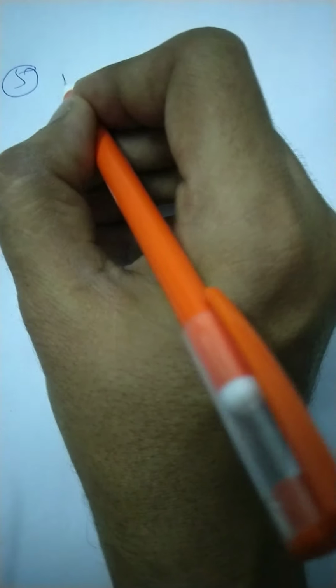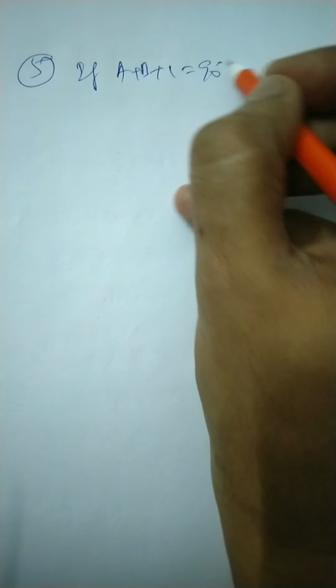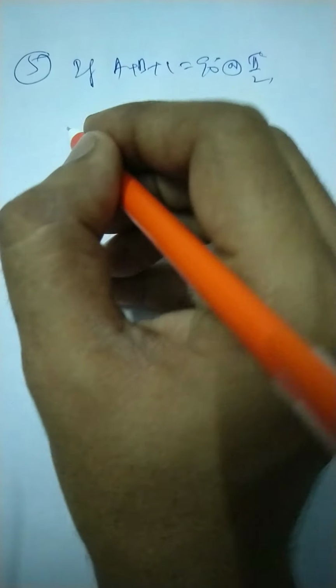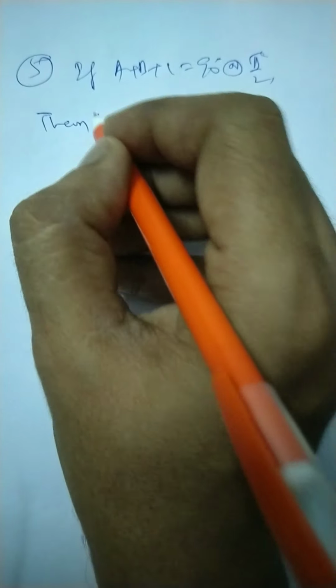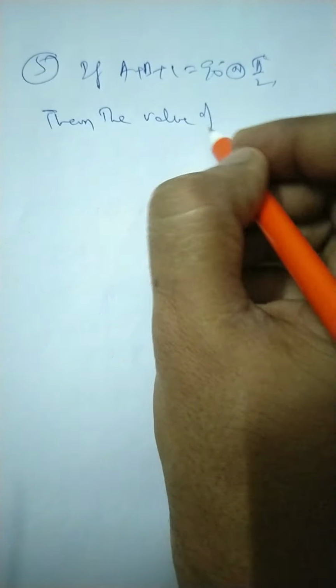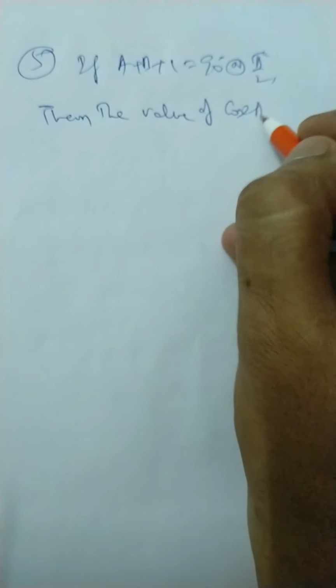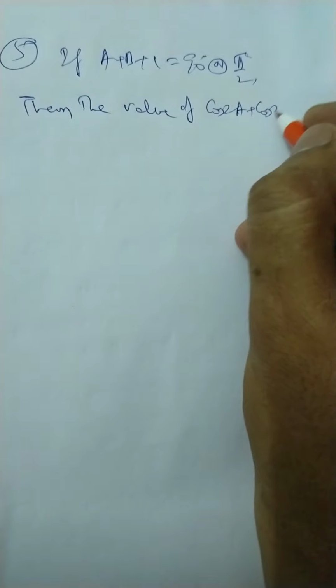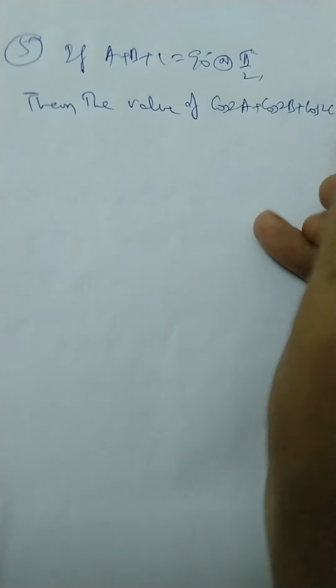Now here we see the fifth problem. If A plus B plus C is equal to 90 degrees, or sometimes it will be given as pi by 2 radians, then find the value of cos 2a plus cos 2b plus cos 2c.